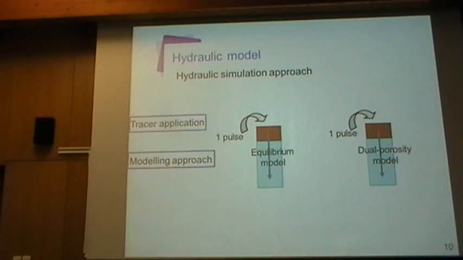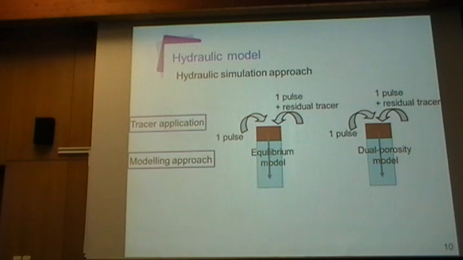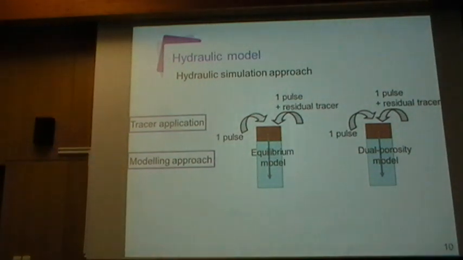And then for the tracer application, in the first attempt, we only applied one tracer pulse. But during the tracer experiment, we observed that there were some tracer remaining on the top of the surface of the filter. So the second approach was to apply one pulse of tracer and some other pulses of decreasing tracer concentration.